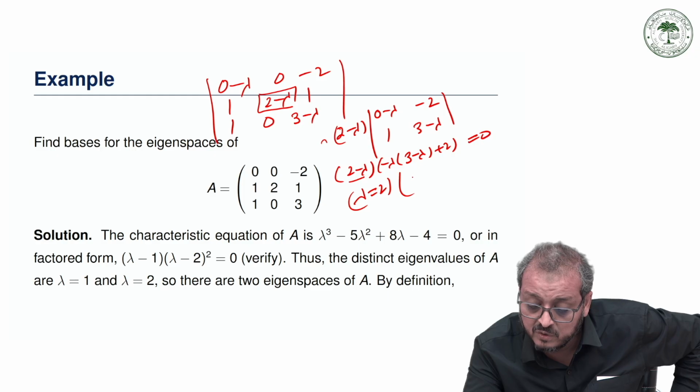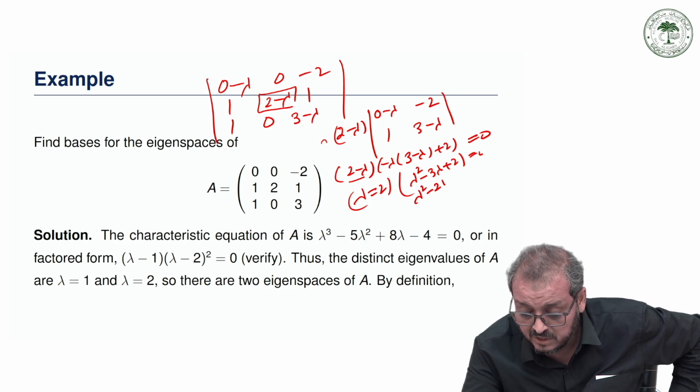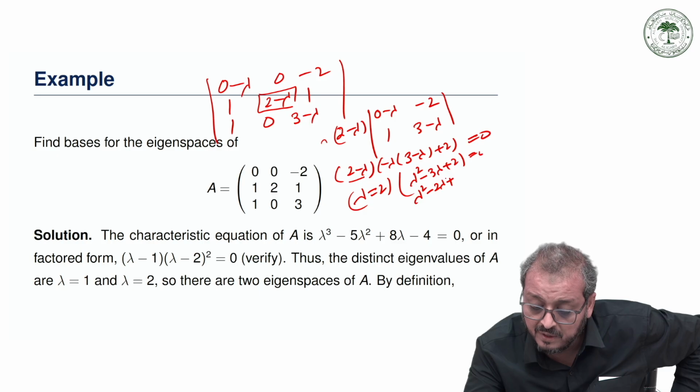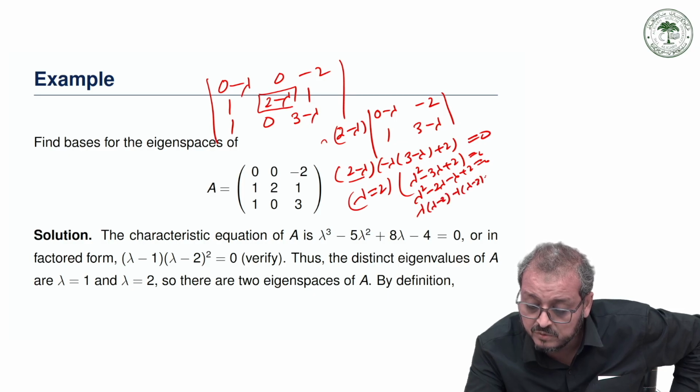Also we can simplify this. We get lambda square minus 3 lambda plus 2, and then we can say lambda square minus 2 lambda minus lambda plus 2 is equal to 0. So this can be written as lambda times lambda minus 2 minus 1 times lambda minus 2 is equal to 0.